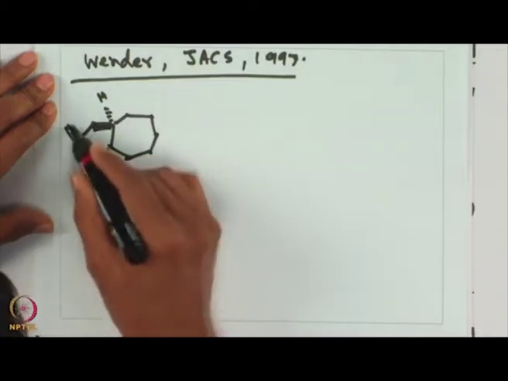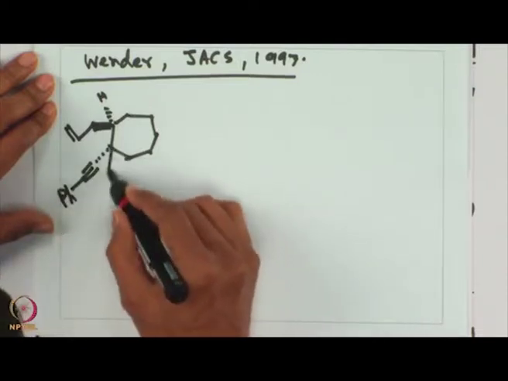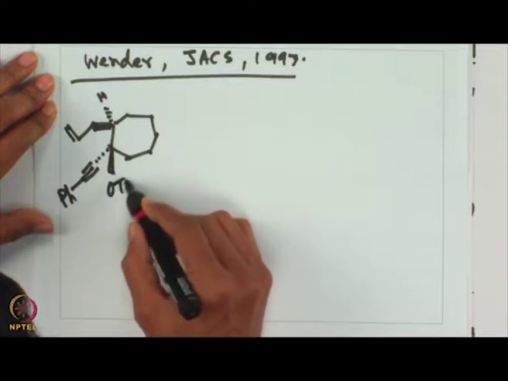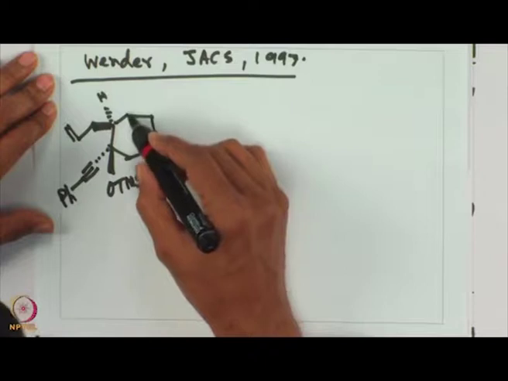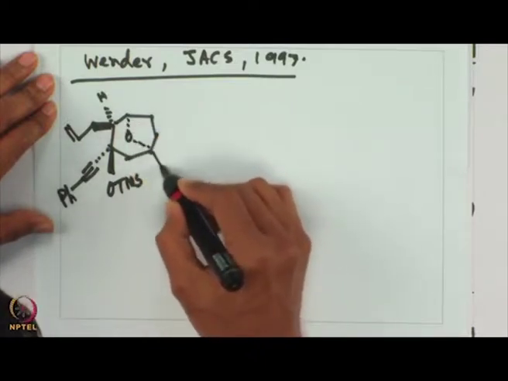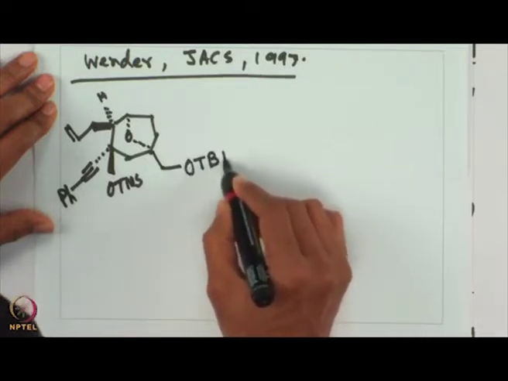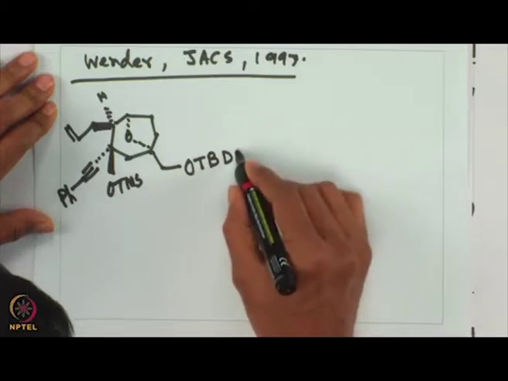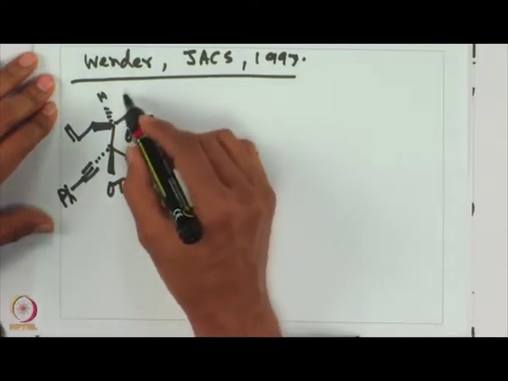Into the substrate we have an ene and we have the yne. Once again this is an internal alkyne, and we have the alcohol, a tertiary alcohol protected by TMS, and you also have OTBDMS protection over there for this another alcohol that is out there for the natural product synthesis.